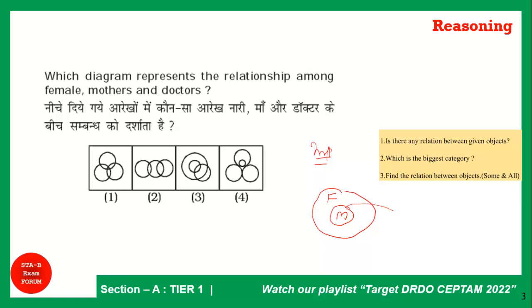So this circle represents that relationship. This is doctor, so this represents male doctor, this represents female doctor, and this represents mother female doctor. So option 3 is the right answer. Understood? Yes, Dipshika, understood now?